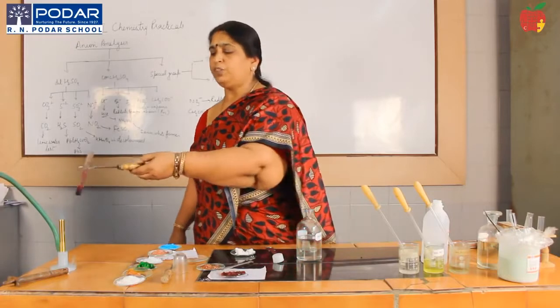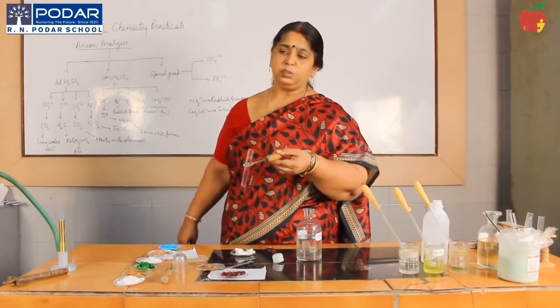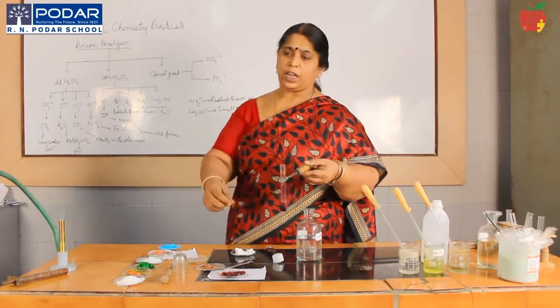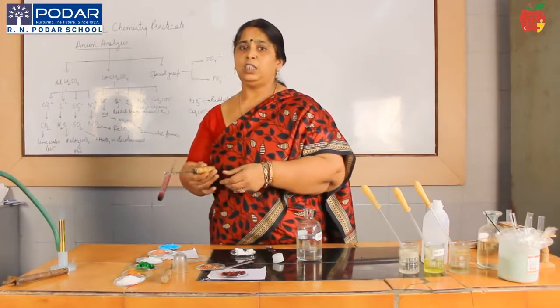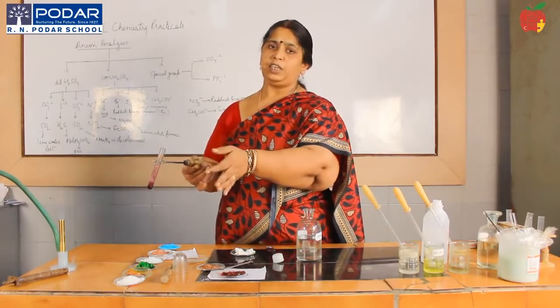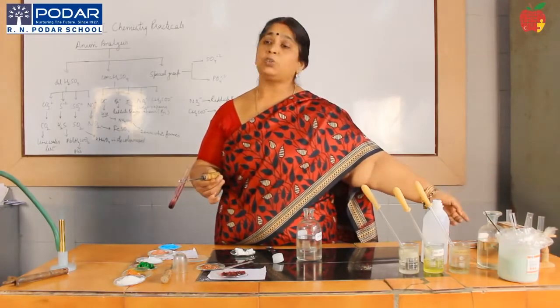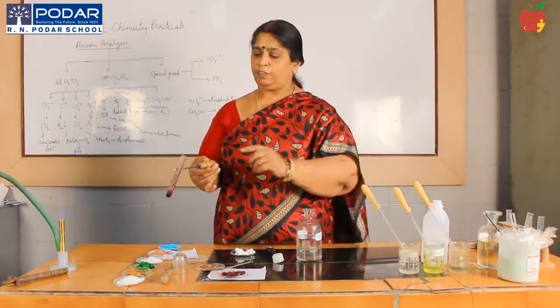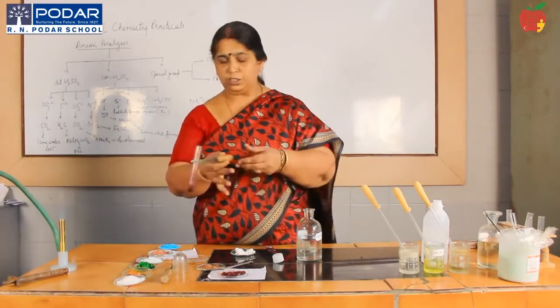We heated it, we saw some reddish brown gas, and to confirm whether it is a bromide or a nitrate, I added copper turnings, and the brown fumes intensified. I passed this gas over the ferrous sulfate solution, which turned black. That is not necessary, I just did it for your confirmation.